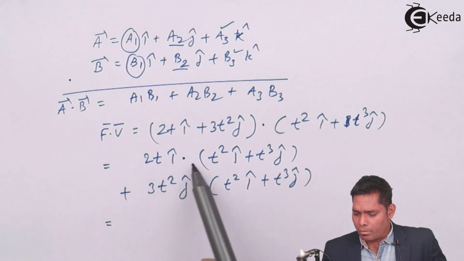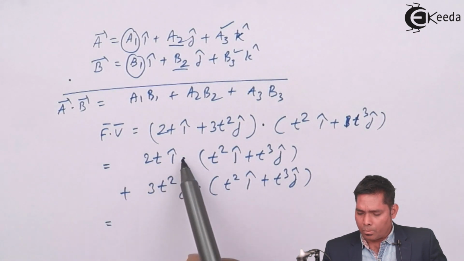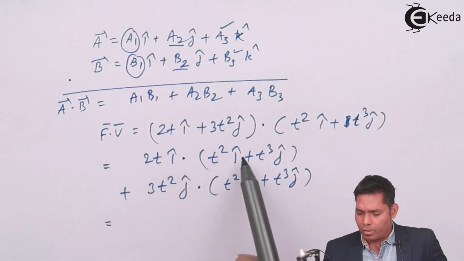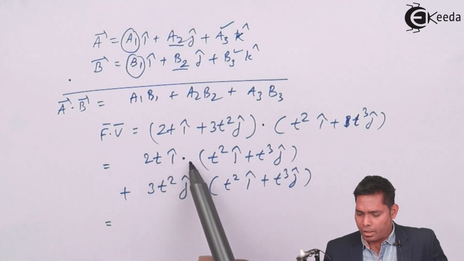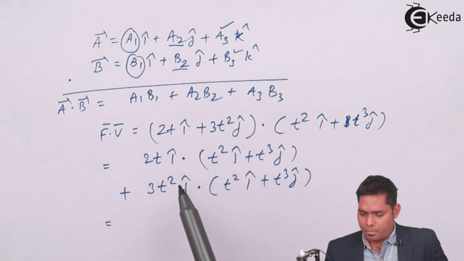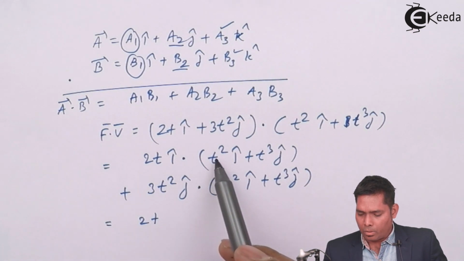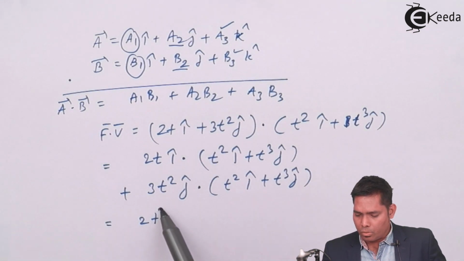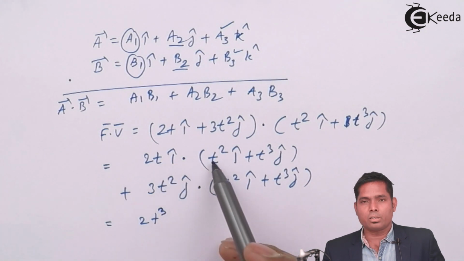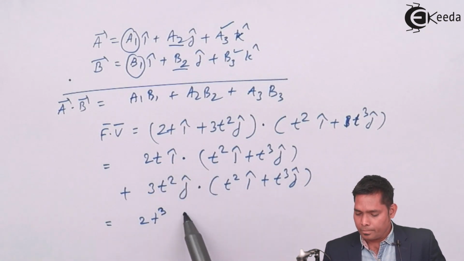Now I will open the bracket. 2t i cap dot t² i cap gives 2t³ i dot i.